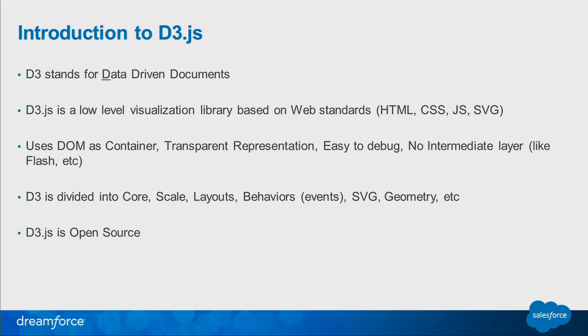And D3 is divided into multiple modules, which are core, scale, layouts, SVG, and geometry. We will briefly cover some of this since it's an introduction-level talk. We don't go deep into any one of these things, but I will explain some of them as we move along. And the best part of D3 is that it's open source, so that's a cool thing.